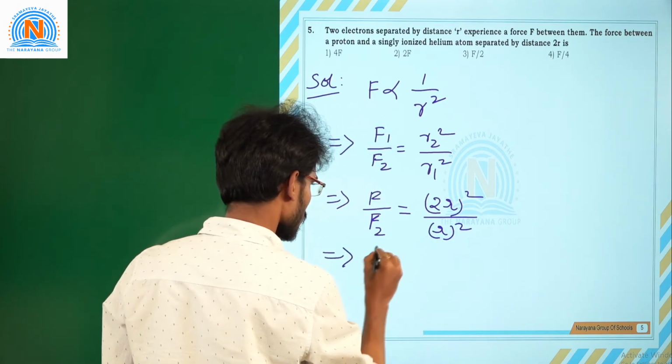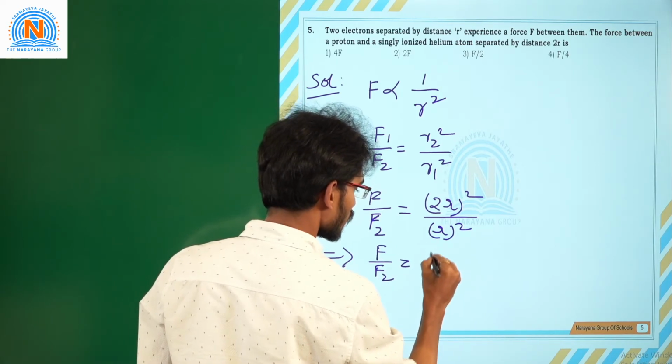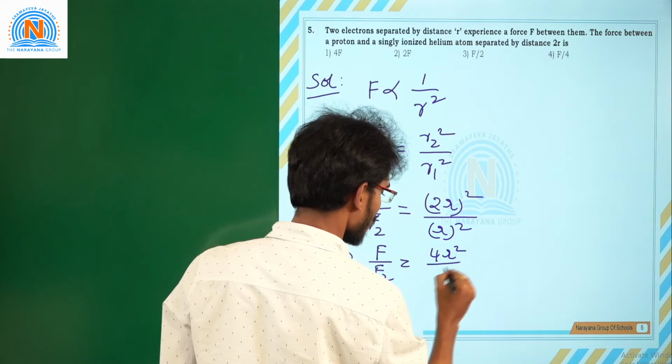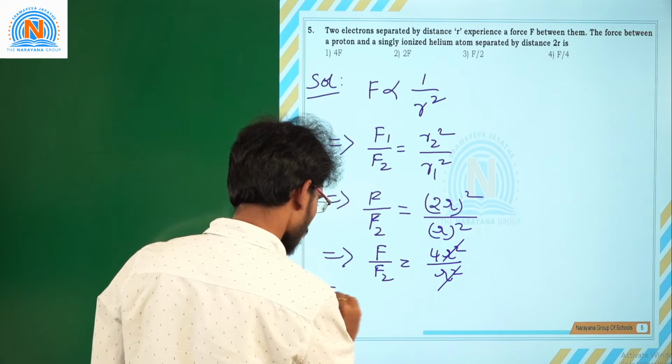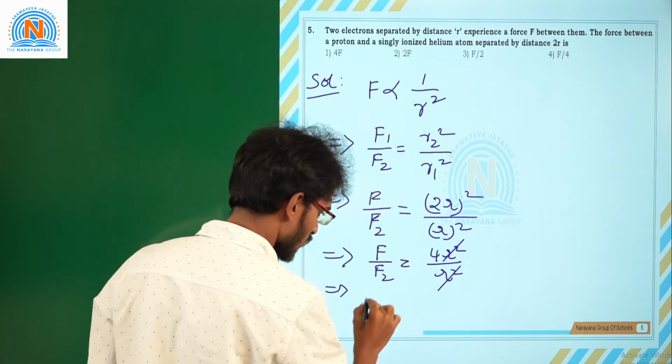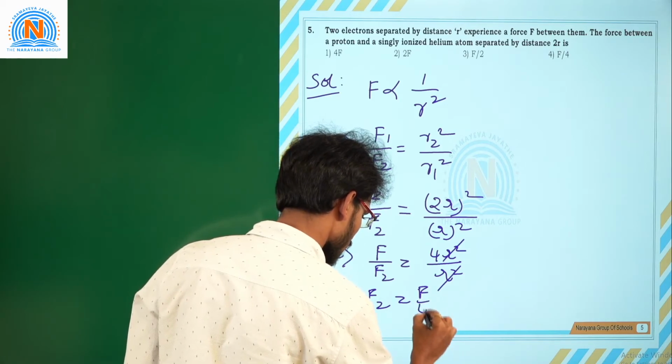That implies F by F2 is equal to 4r square by r square. R square gets cancelled. Now F2 is equal to F by 4.